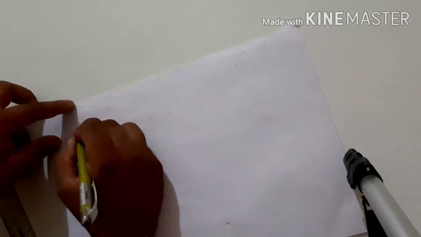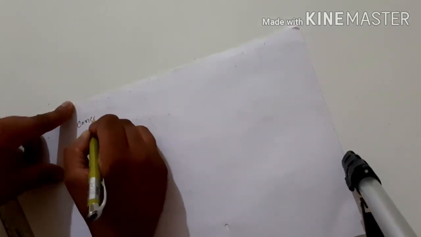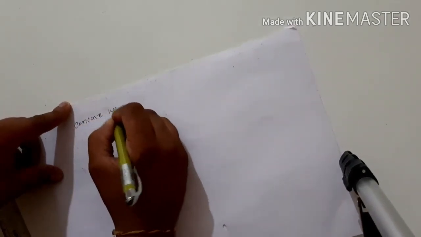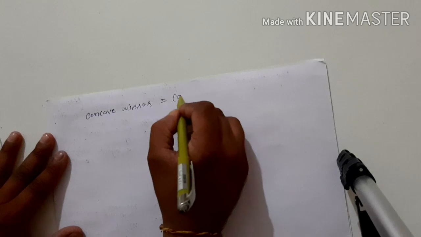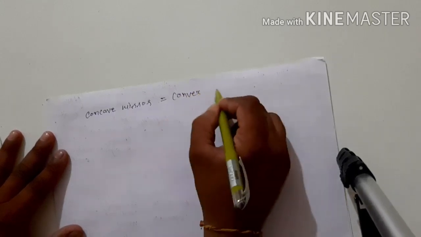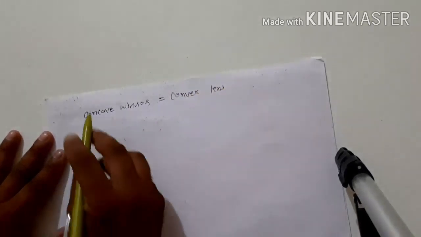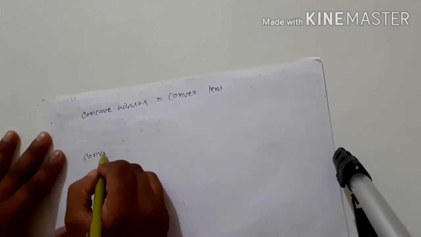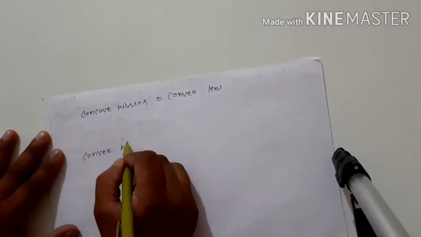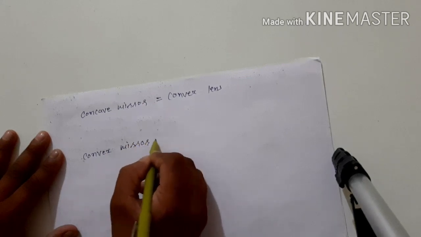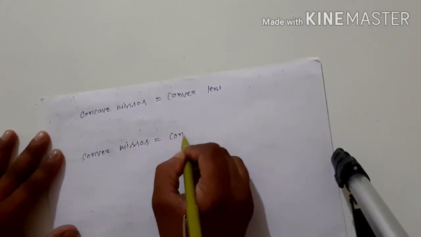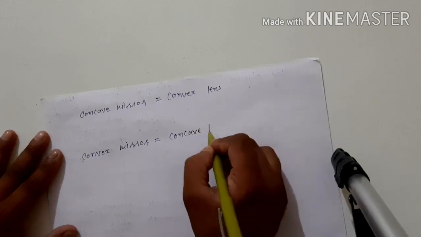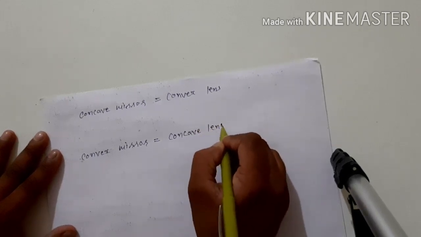Now from all this image formation by lens and mirror, we come to know that the image formed by a concave mirror is almost similar to image formation by a convex lens, and image formation by a convex mirror is similar to a concave lens.